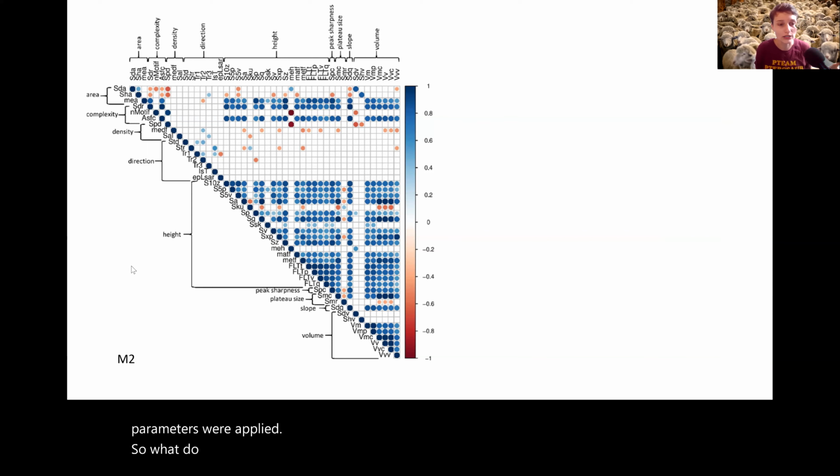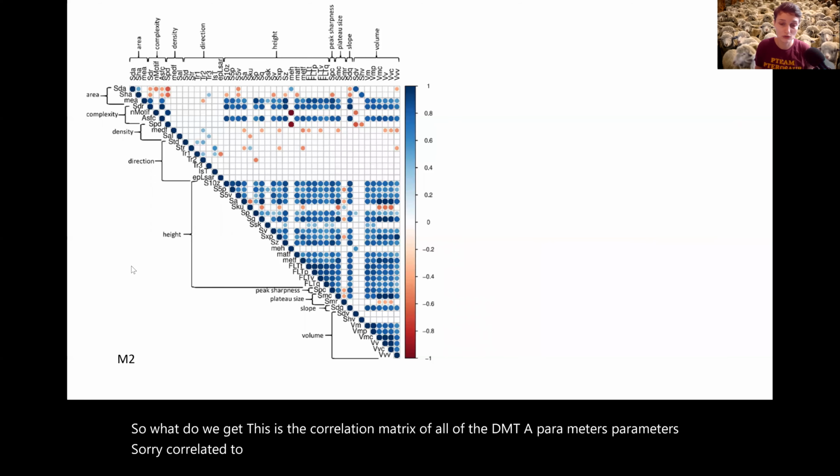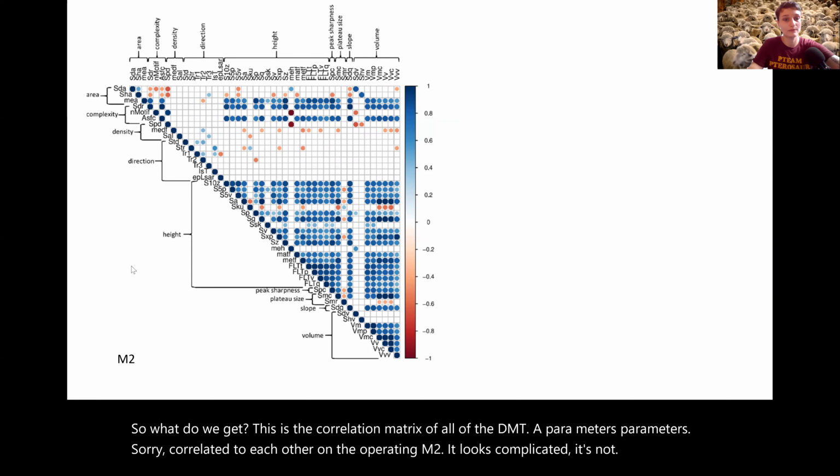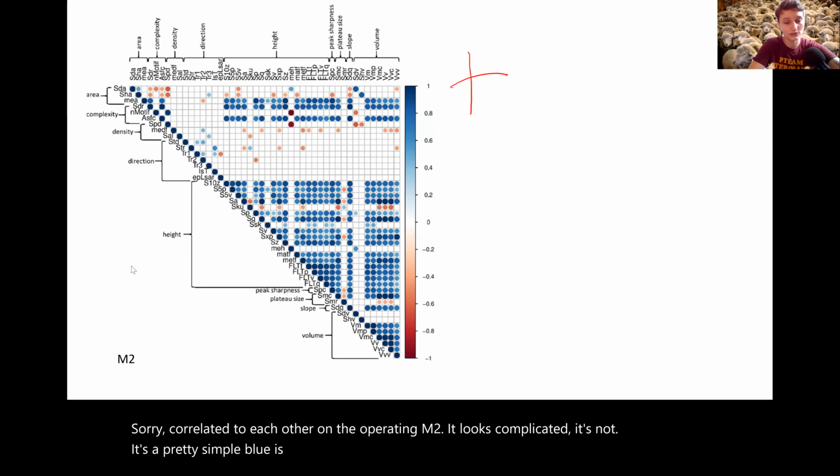This is the correlation matrix of all of the DMTA parameters, correlated to each other on the upper right M2. It looks complicated, it's not. It's pretty simple. Blue is the positive correlations, red is the negative, and the larger the dots, the stronger the correlations.